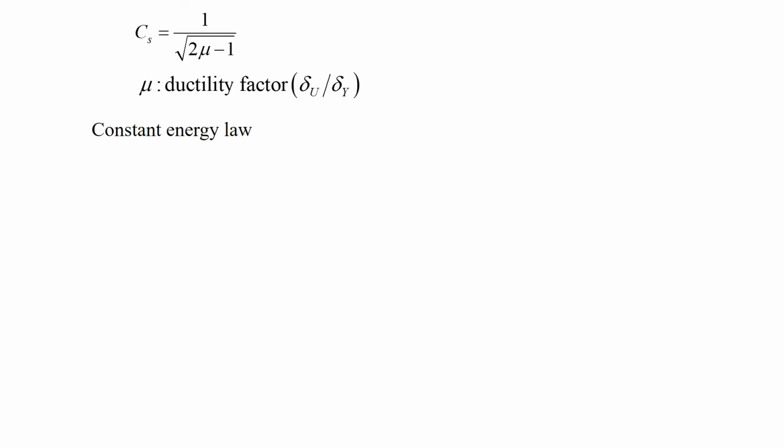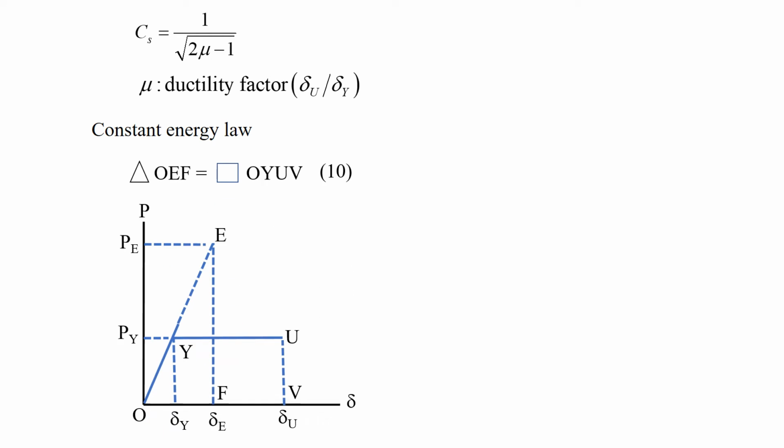The equation of Cs is derived by the constant energy law, which means that the area of OEF is the same as the area of OYUV in the figures of P delta curves shown here.